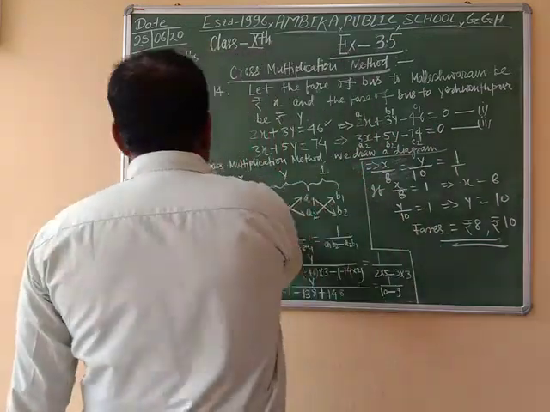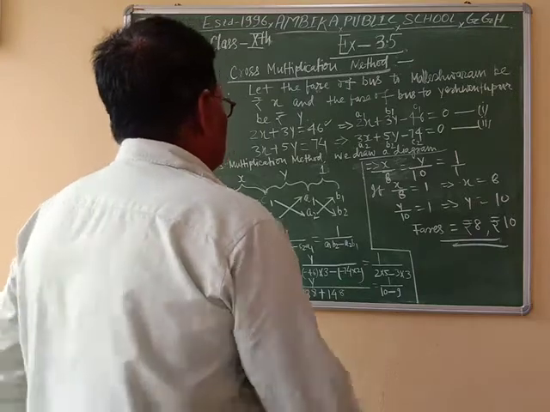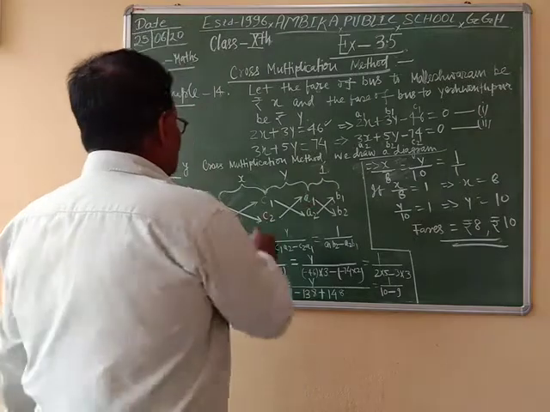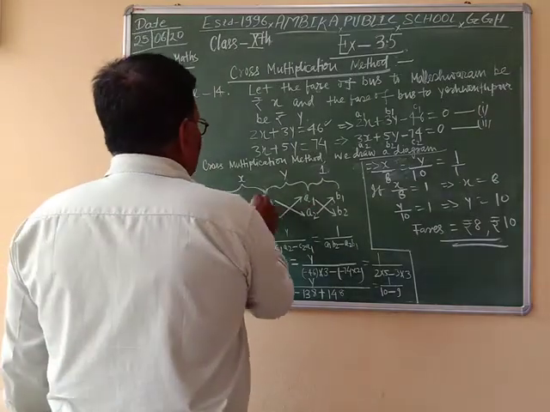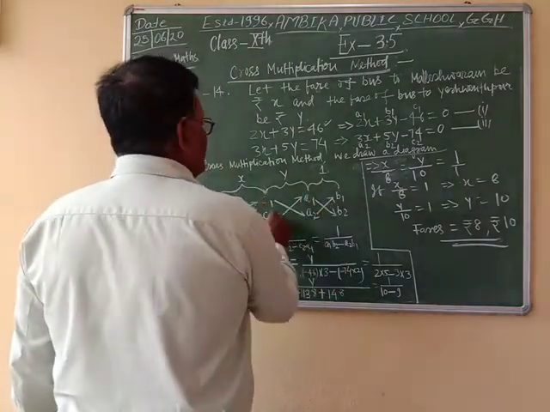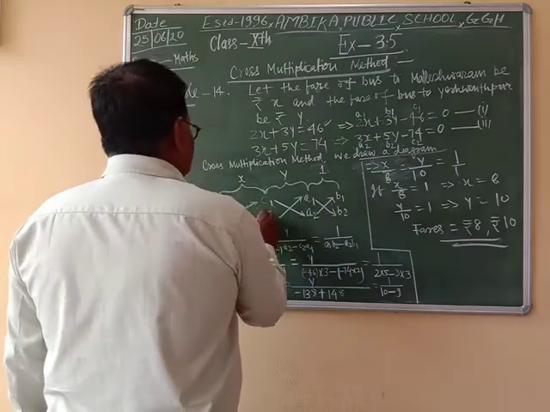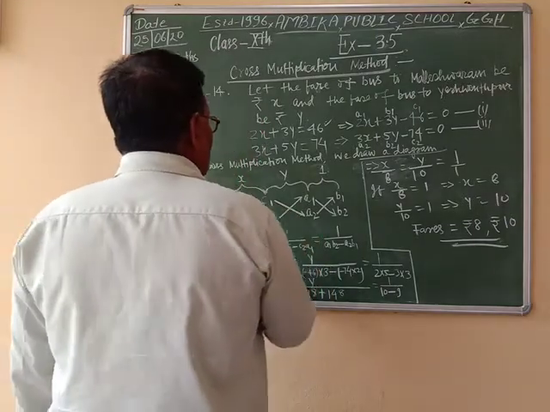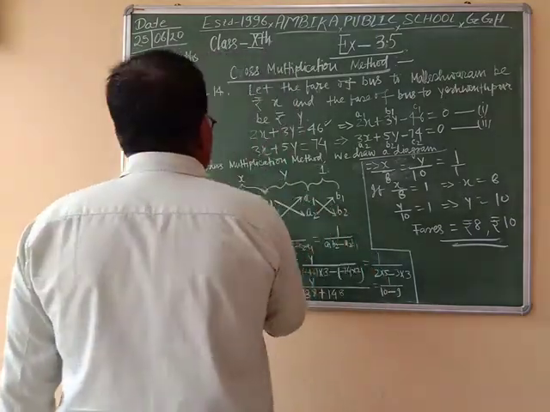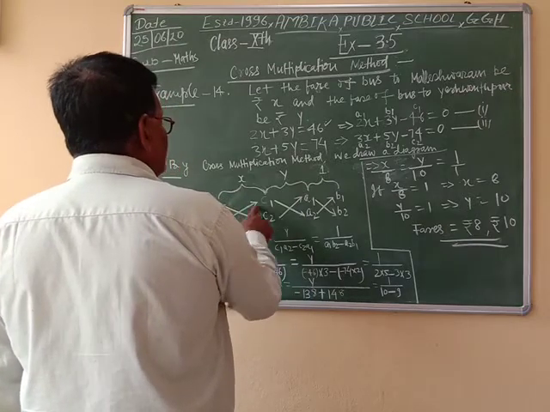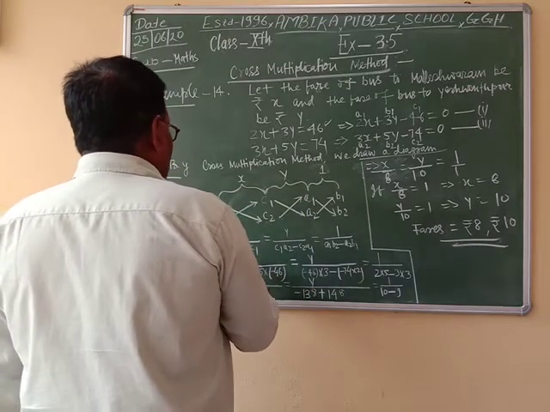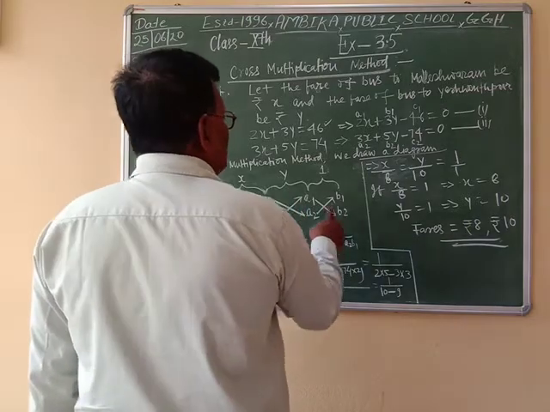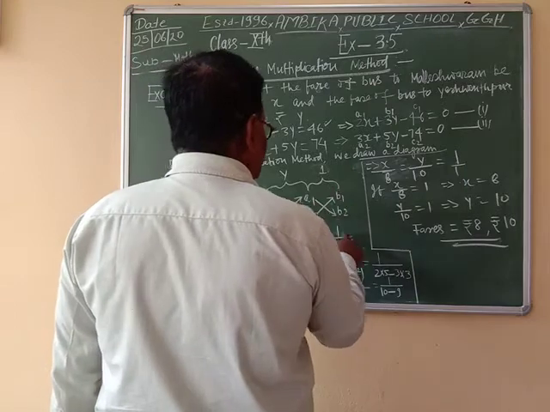Using the cross multiplication method we draw a diagram x, y, 1. Here we write under it B1, C1, A1, B1, B2, C2, A2, B2, and draw arrows between them. Then x by B1 C2 minus B2 C1 is equal to y by C1 A2 minus C2 A1 is equal to 1 by A1 B2 minus A2 B1.